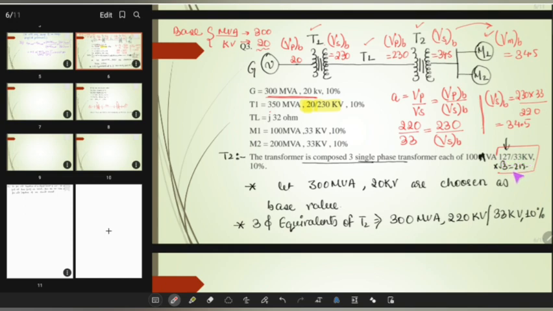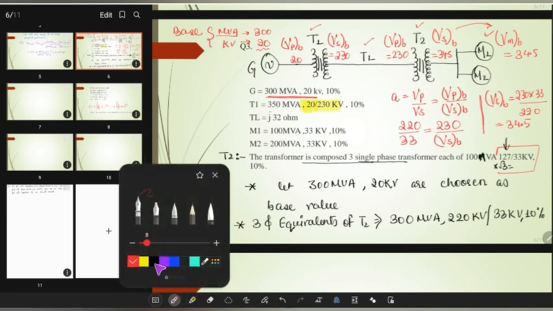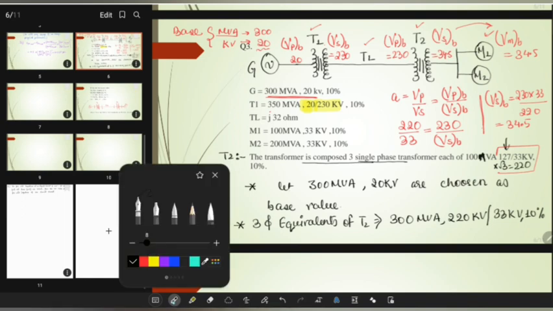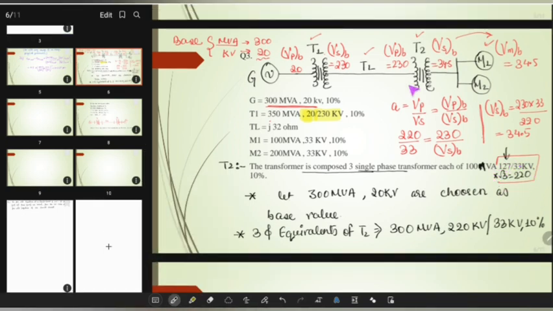Primary side voltage is 219 or 220, approximately 220.